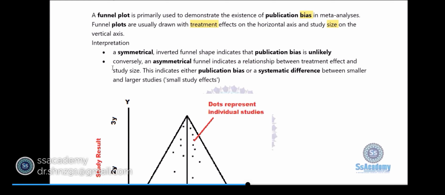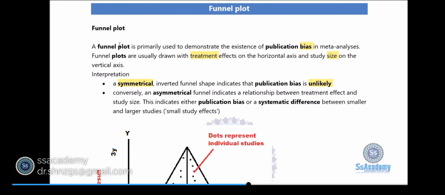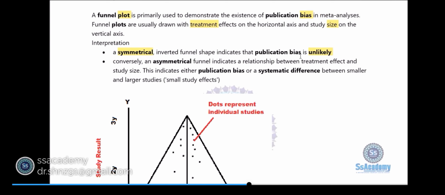A symmetrical or inverted funnel shape indicates publication bias is unlikely. So the funnel plot is used to demonstrate the existence of bias in a meta-analysis.